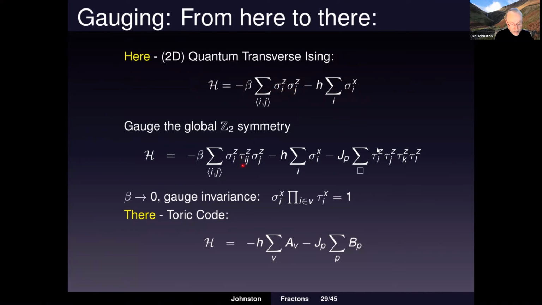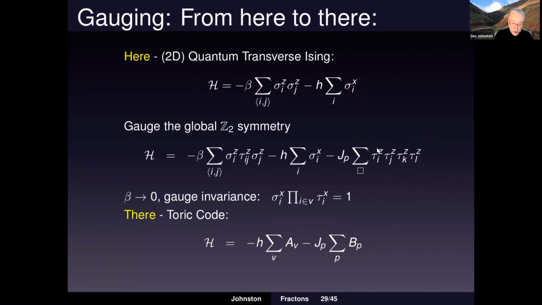If I've got this sitting between the spins now, it's no longer 1. I would like to control that, so I would put in a dynamical term for the tau now. The product of these sigmas around the plaquette is 1. It's not anymore if I include the tau, but I can control its value by including a product of the tau spins around the plaquette. So as the j goes to infinity, that pins these things down.